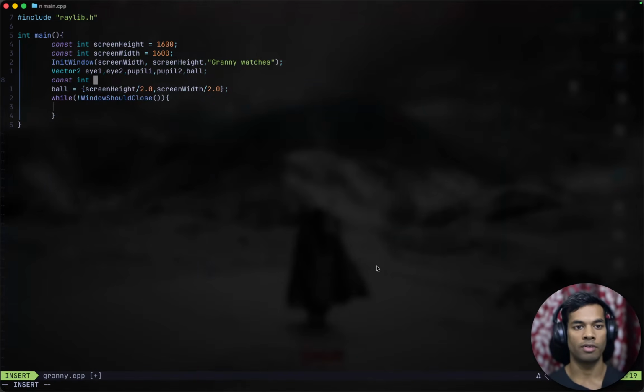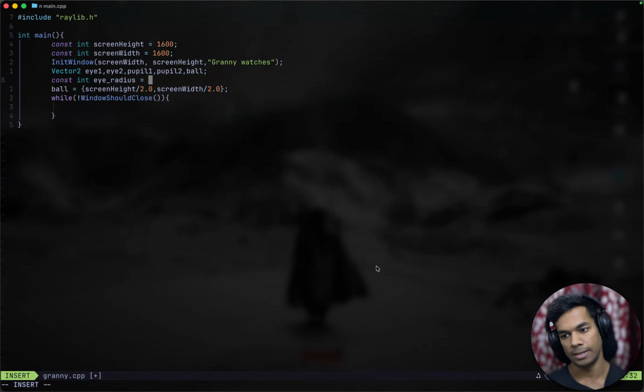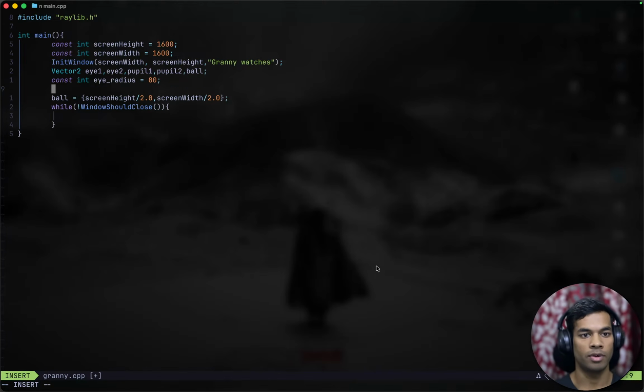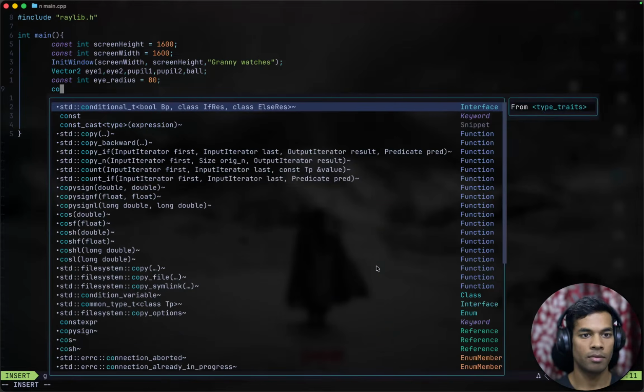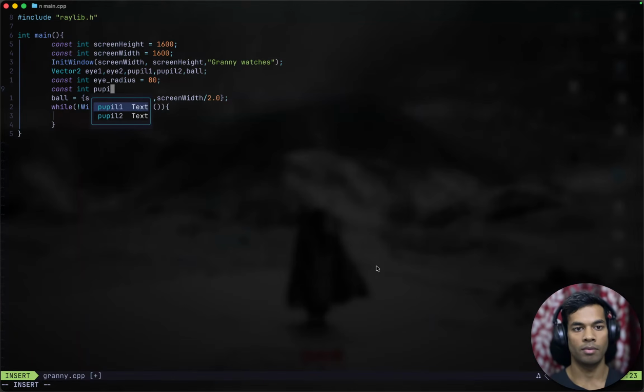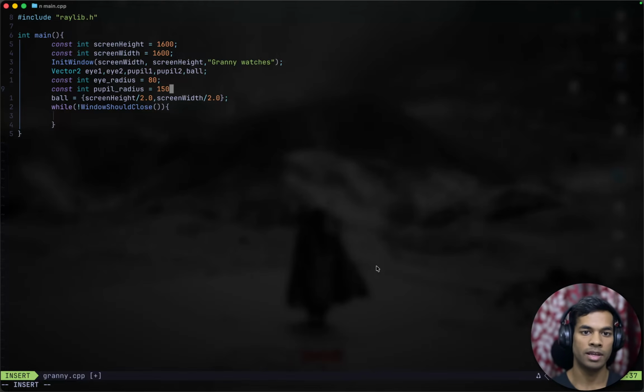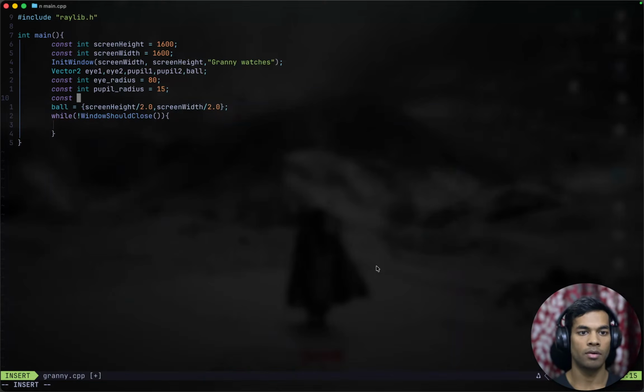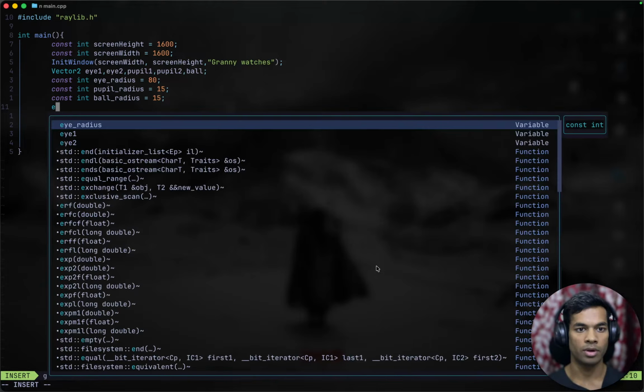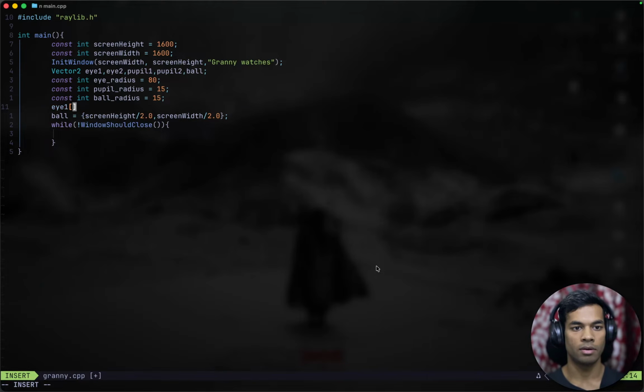Const eye radius would be, let's say, 80 pixels. We can test and fix it. Const pupil radius is, let's say, 15 pixels, and const ball radius, let's say 15 pixels, same as pupil.